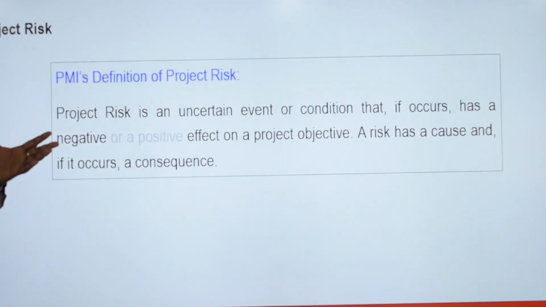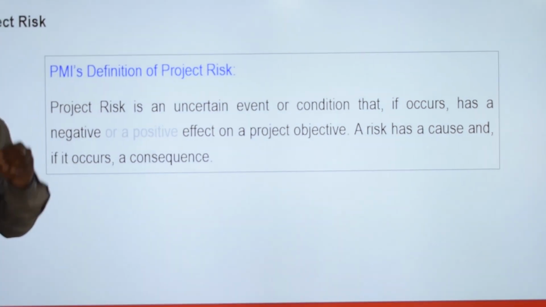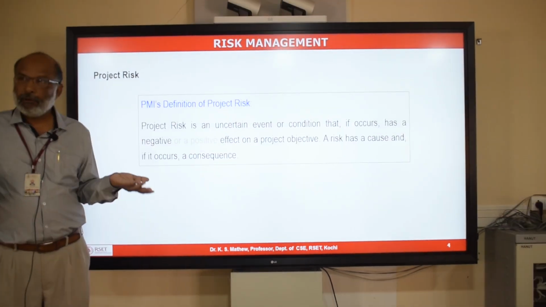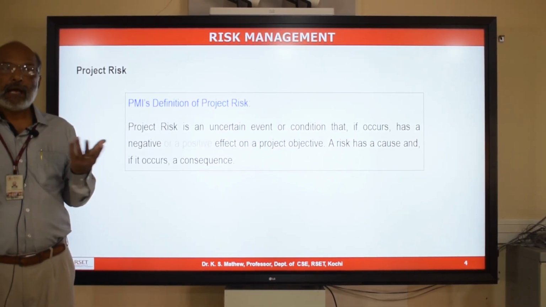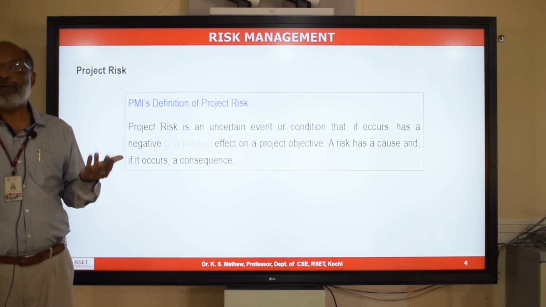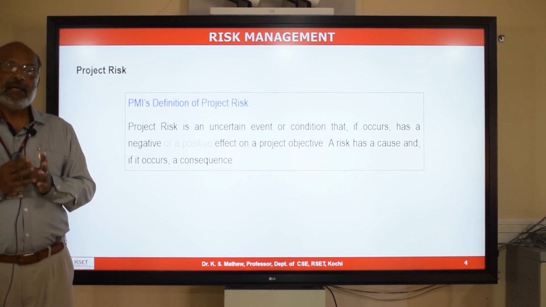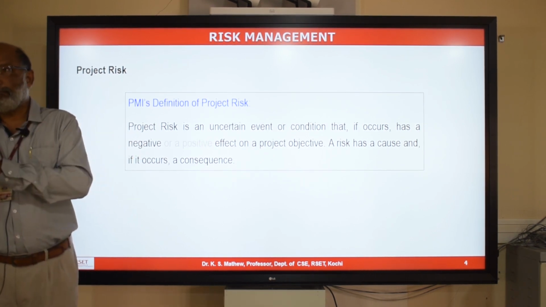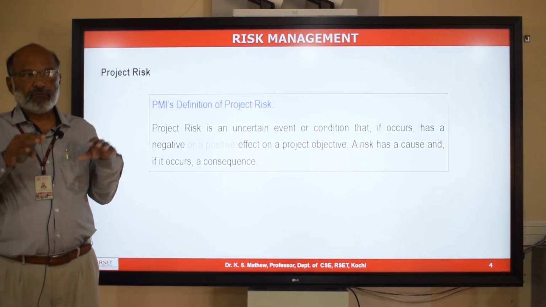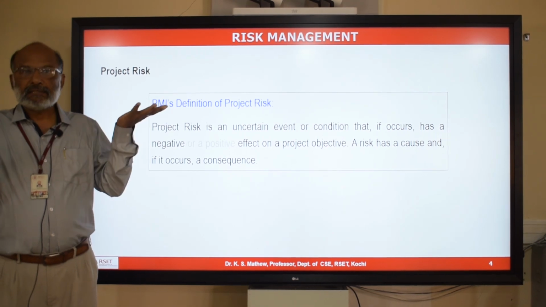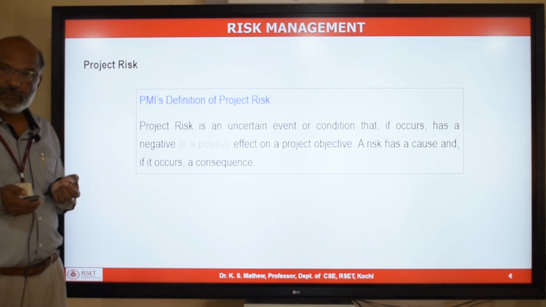As a project manager, your job is to take actions to eliminate or mitigate the events that may have a negative impact, or take actions to enhance the opportunity that can arise from an event with a positive impact. You need to consider both kinds of events, and plan actions to eliminate or mitigate the consequences of negative events as well as enhance the occurrence of positive events. That is what is done as part of project risk management.